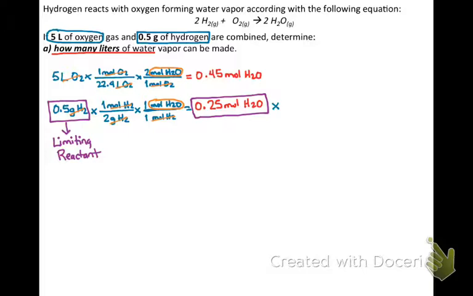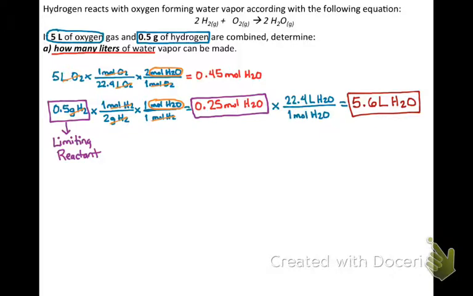Now, as they are asking for liters of water, we can just multiply the moles by the molar volume. 1 mole of water vapor, remember that we are working with gases, is 22.4 liters, and we will have 5.6 liters of water that will be produced using completely the 0.5 grams of hydrogen, and we will have some amount of oxygen left, because oxygen will be considered the excess reactant.